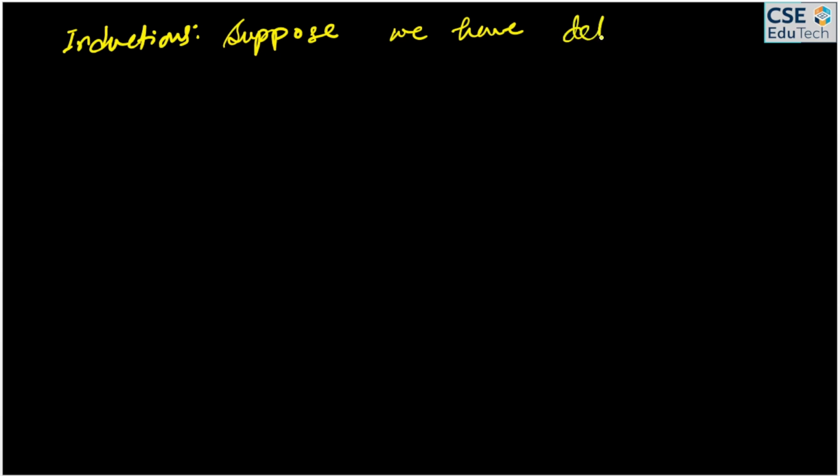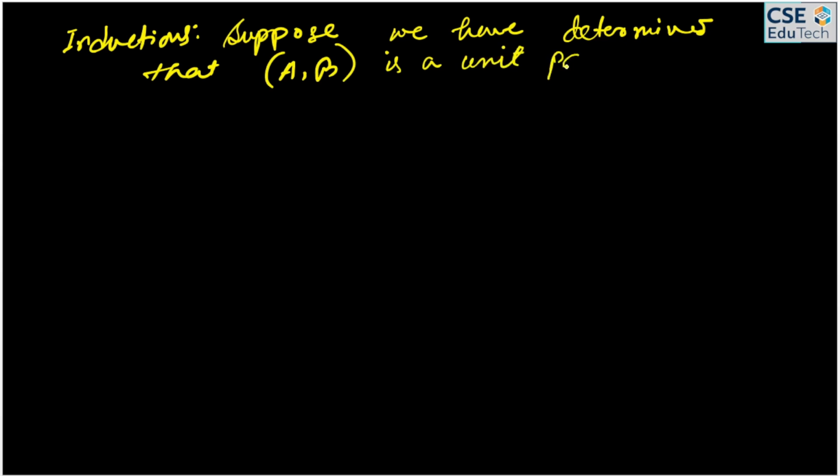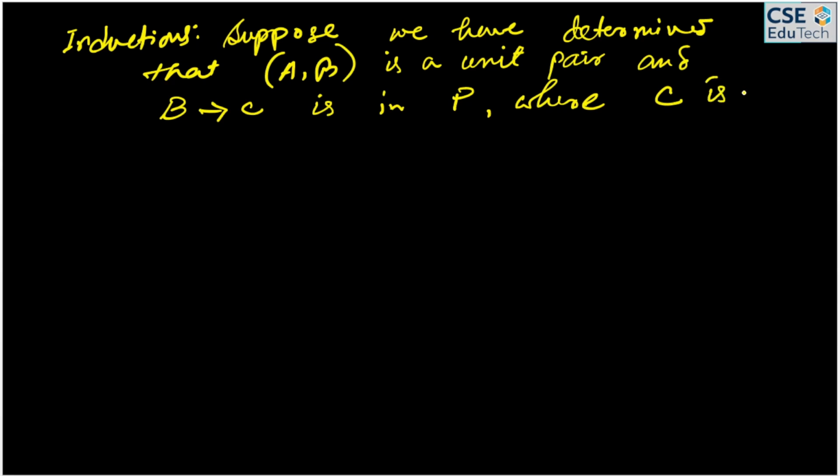And induction. Suppose we have determined that (A, B) is a unit pair, and there is a production B to C in P for some grammar G, where C is a variable.